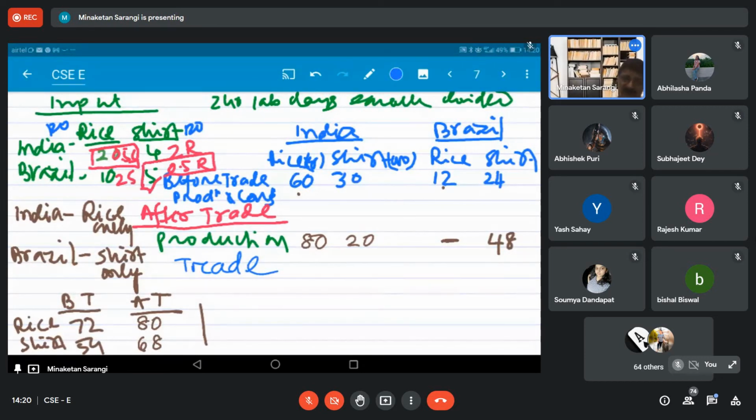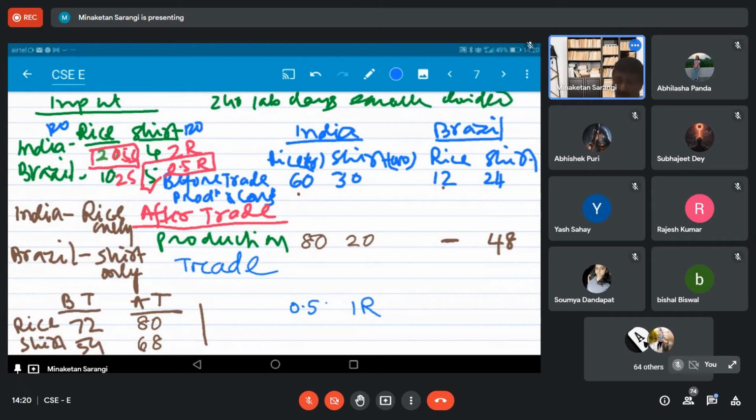How much SAT will be exchanged against how much rice. So if we take the inequality, the opportunity cost per unit of rice, we take 1 R, and this is India selling the rice.